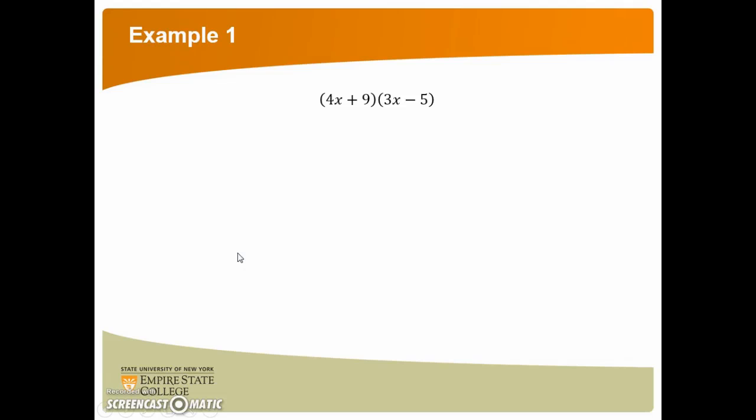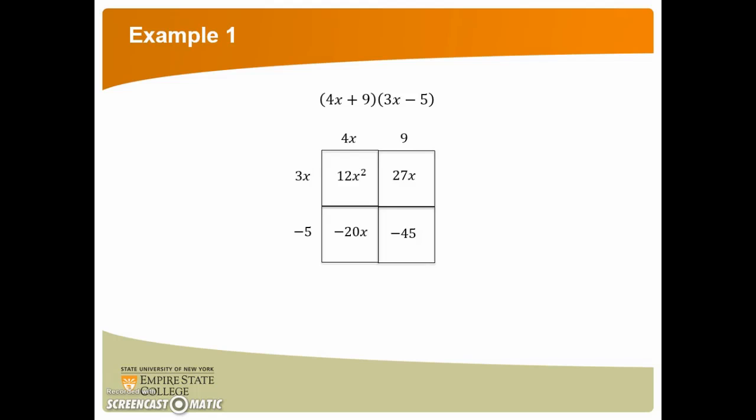Suppose we want to multiply 4x plus 9 by 3x minus 5. We draw our box. Write the polynomials on top and on the left. Remember that the 3x minus 5 gets written as 3x and negative 5 when writing it on the side of the box. Multiply to fill in the box.